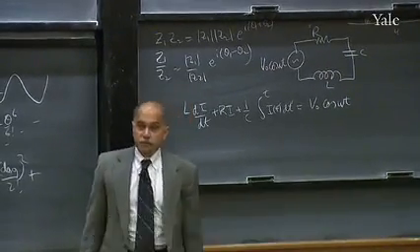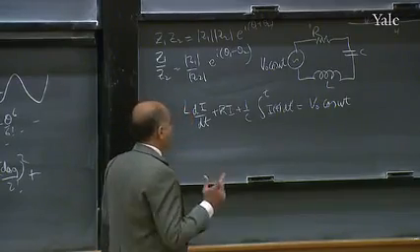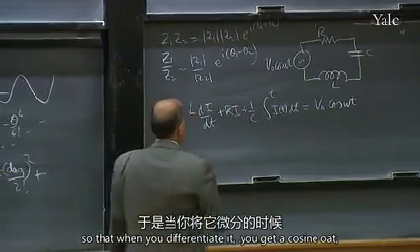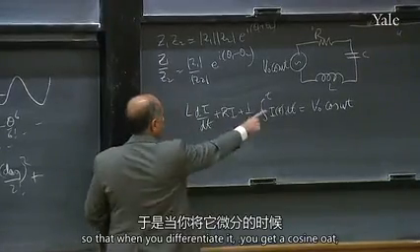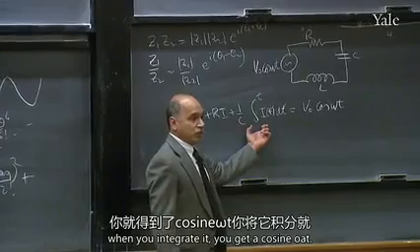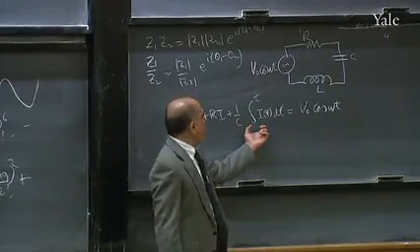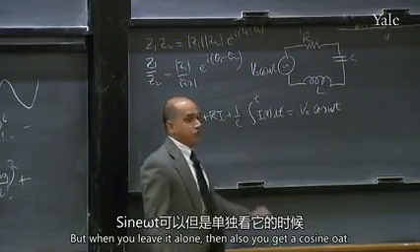You've got to guess. You're trying to find a function, I of t, so that when you differentiate it, you get a cosine omega t. When you integrate it, you get a cosine omega t. So far, we can do it. Sine omega t will do it. But when you leave it alone, then also you get a cosine omega t.